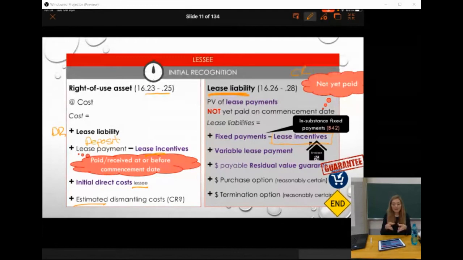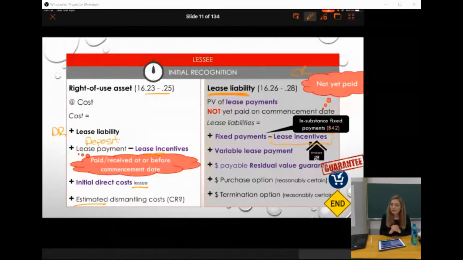But the moment we link the lease payments to something that the lessee or the lessor actually has control over, then it's not a lease payment in terms of IFRS 16. It's a variable lease payment, so it will not be included in the measurement of my lease liability, unless there's an in-substance fixed amount, as is the case here.